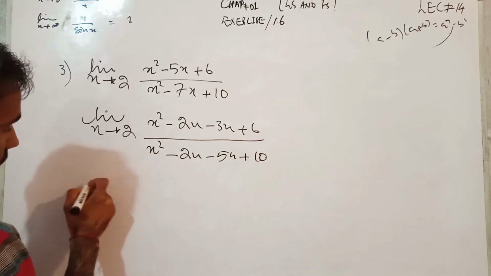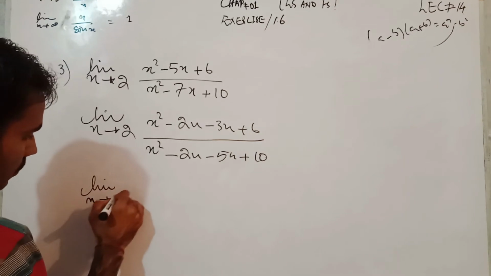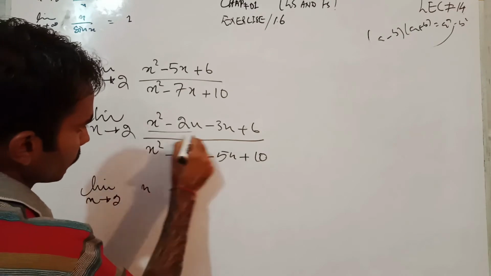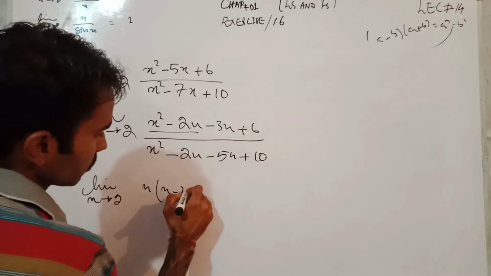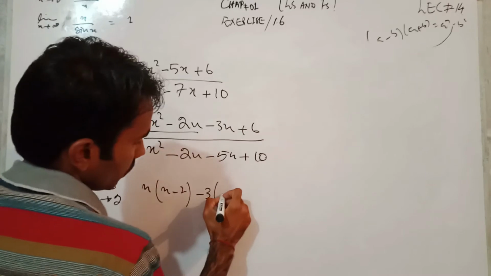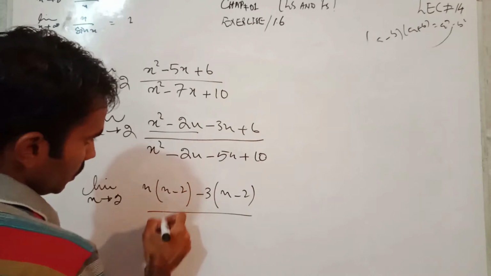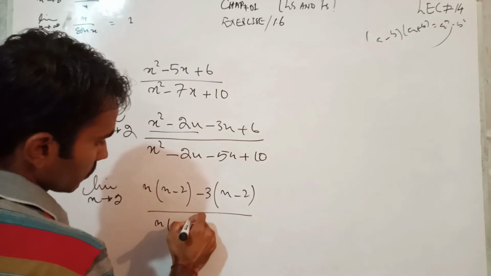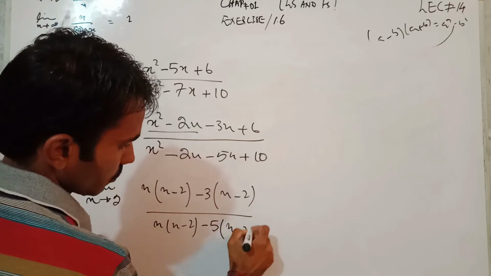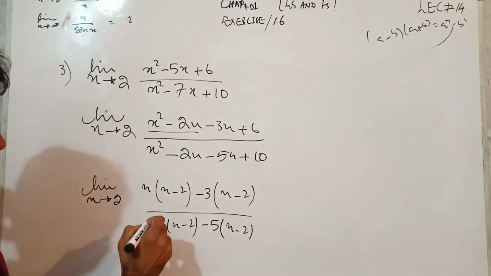Now we separate it into bracket factors. From this term we take x common and get x minus 2. From this term we take 3 common and get x minus 2. In the denominator, we get x minus 2 and, for the minus 5, x minus 2. So these are the common brackets.